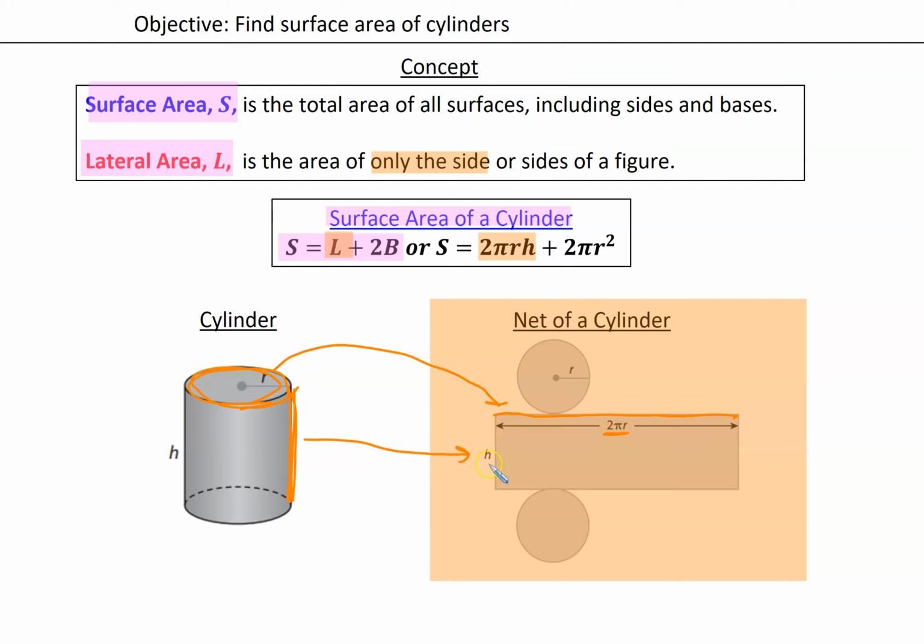So that 2 pi r h is length and width, so this is like length, this is width of that rectangle. And then we have, remember, the 2 circles. Area of each circle is pi r squared, so 2 times base area becomes 2 times pi r squared.